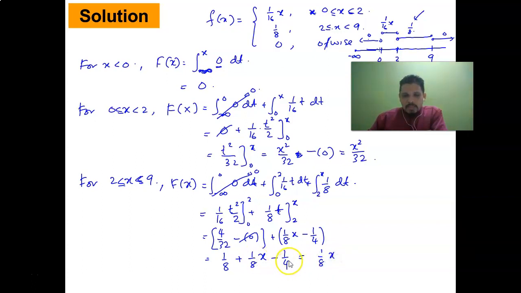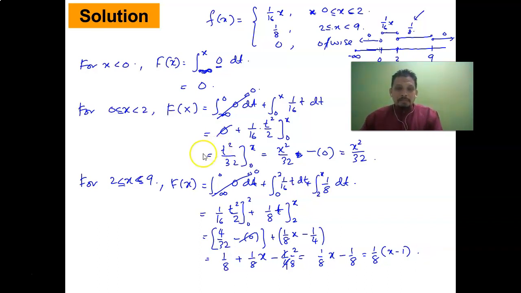Then make this one as a denominator with an 8 here, 8, and this is 2. 2 over 8 simplified as 1 over 4. So 1 over 8 minus 2 over 8 minus 1 over 8. Or it is equal to 1 over 8 x minus 1.